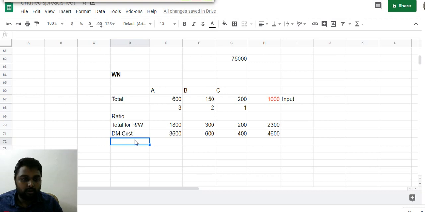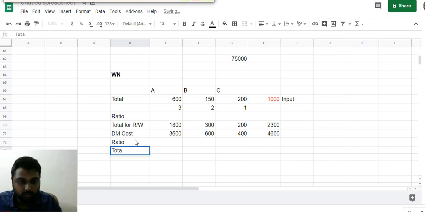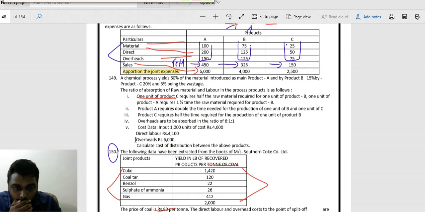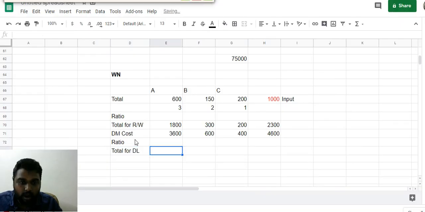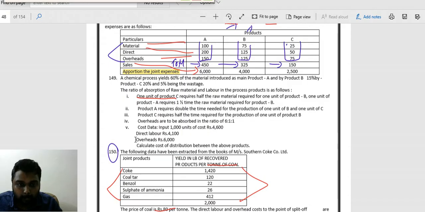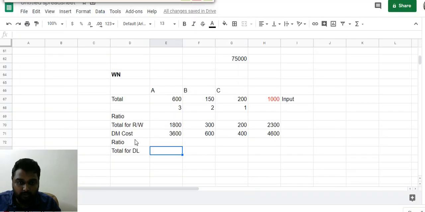Now the ratio for the total for direct labor. What does the clue tell? I am reading the third point first. Product C requires half the time required for 1 unit of B. So 1 unit of B, let's take 2.